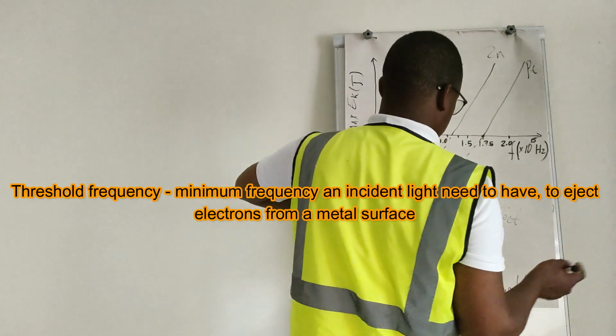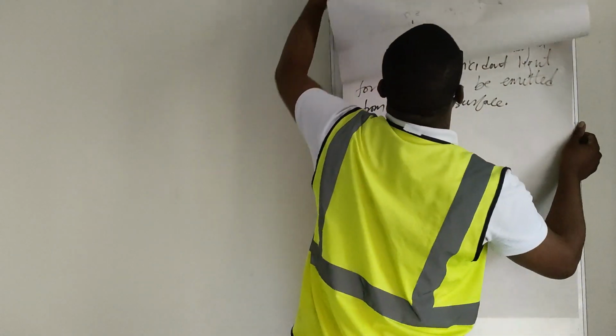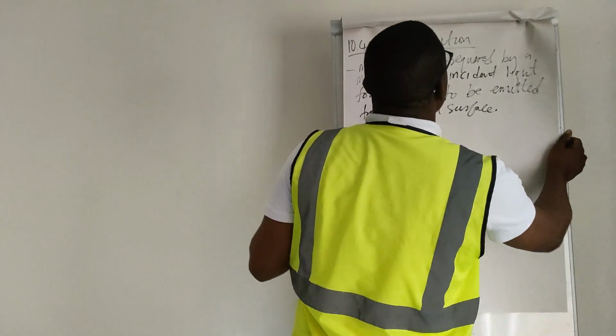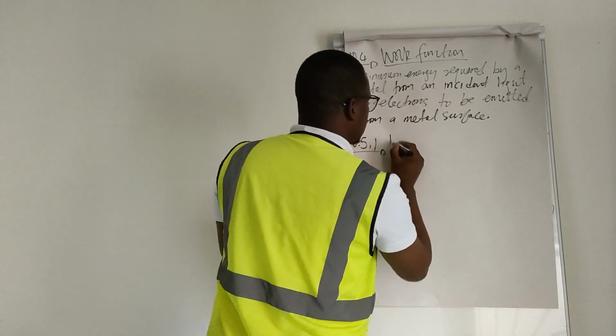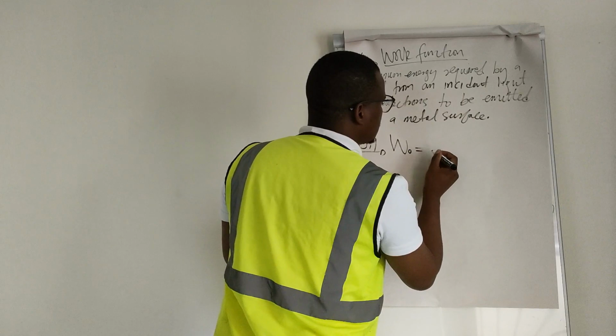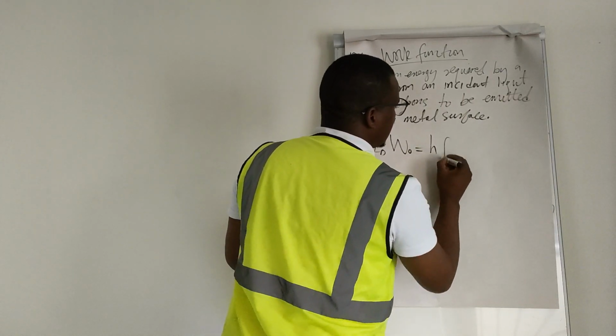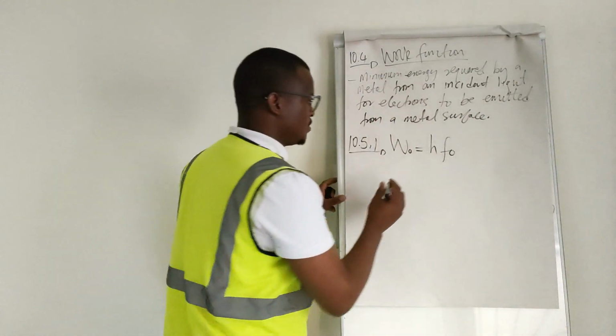So we say, okay, work function is equal to h times threshold frequency.